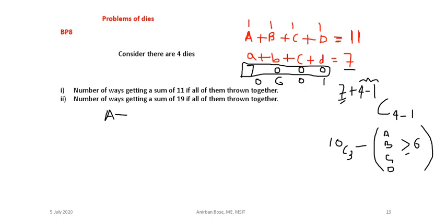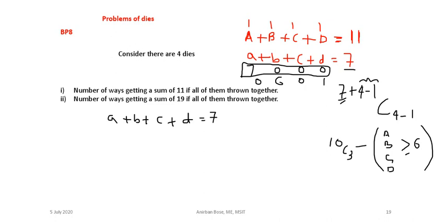Your A plus B plus C plus D is equal to 11. Now you put A as 6. If you put A as 6, then what will happen to B, C and D? Let us consider the smaller one, a plus b plus c plus d, this is equal to 7.